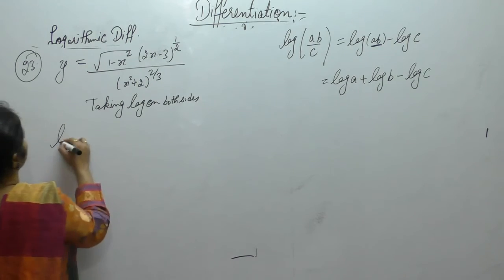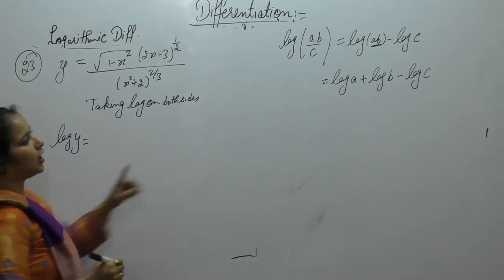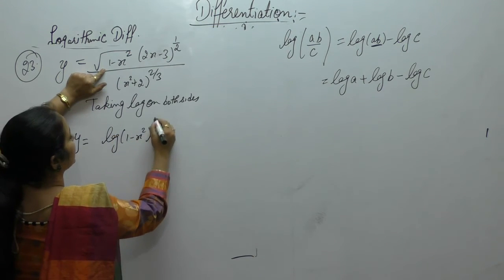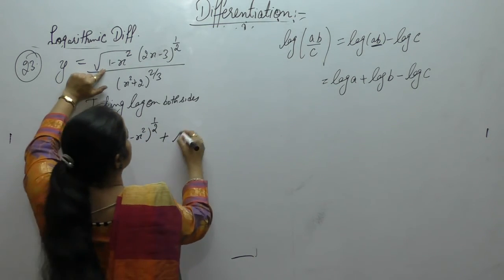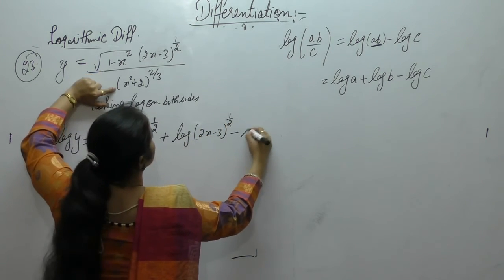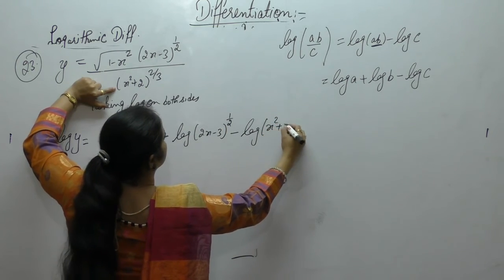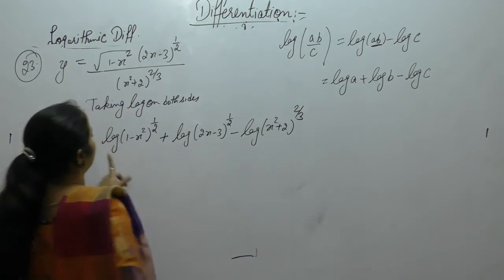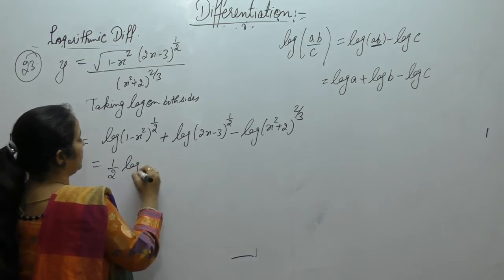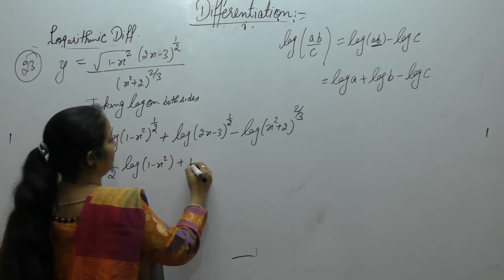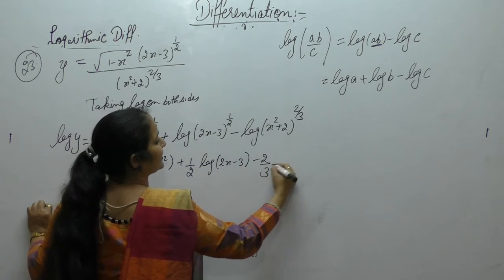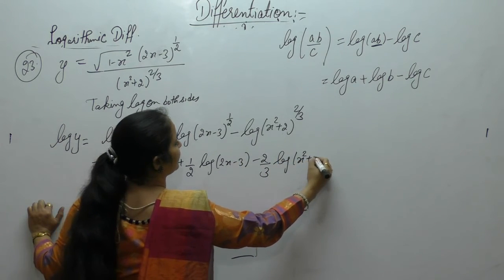Now taking log of y, log of a term is this, log of 1 minus x square power 1 by 2, plus log of b power 1 by 2, minus log of c. यही होगा. Now log of x power m is m log of x: 1 by 2 log of 1 minus x square, 1 by 2 log of 2x minus 3, 2 by 3 log of x square plus 2.